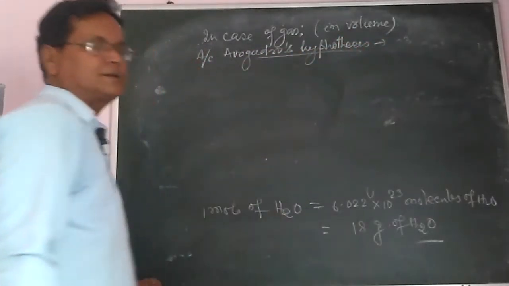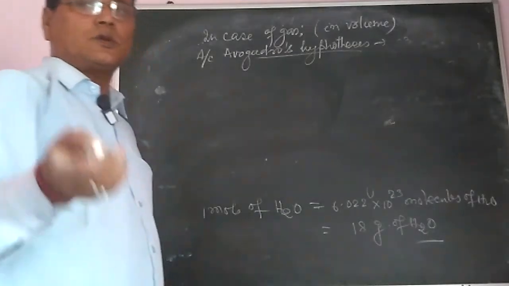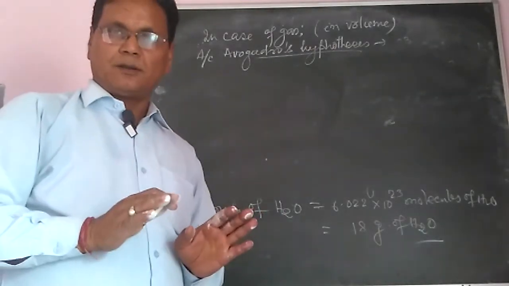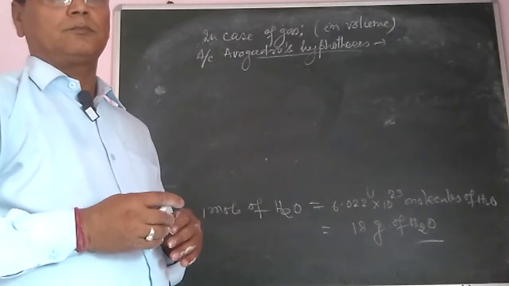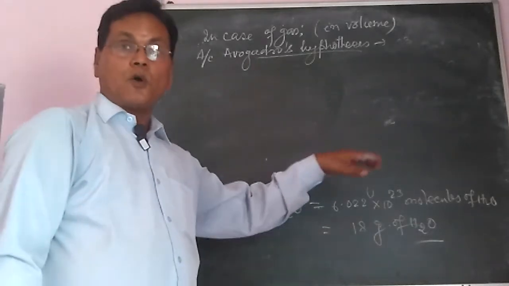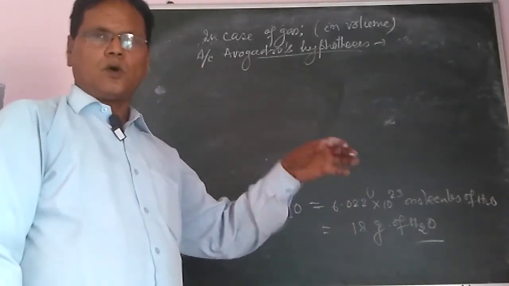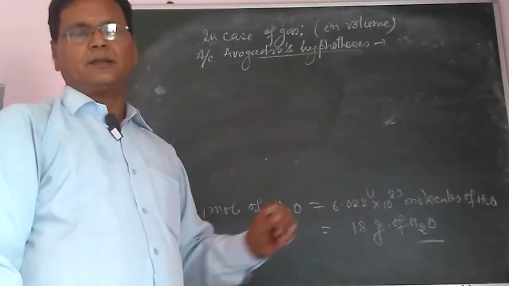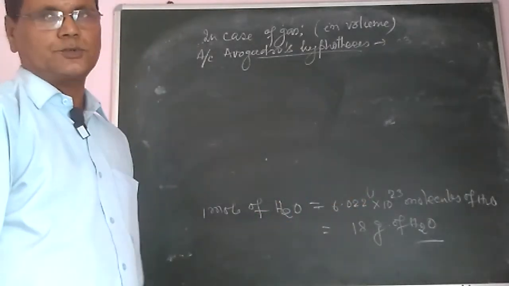Avogadro's hypothesis says that at constant temperature and pressure, equal volumes of all types of gases contain an equal number of molecules.